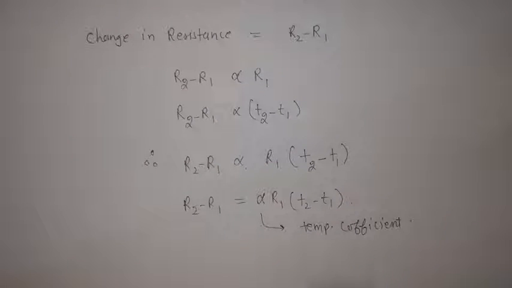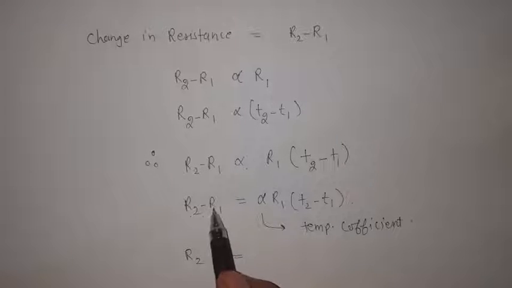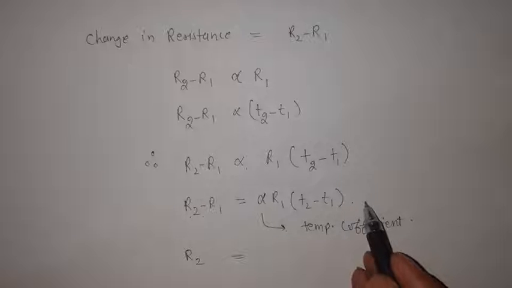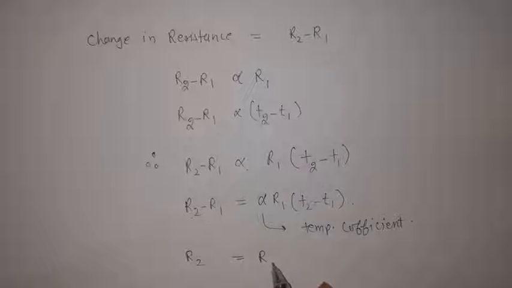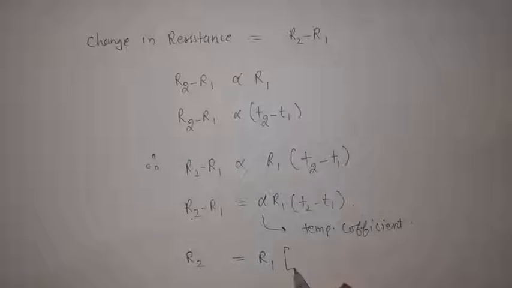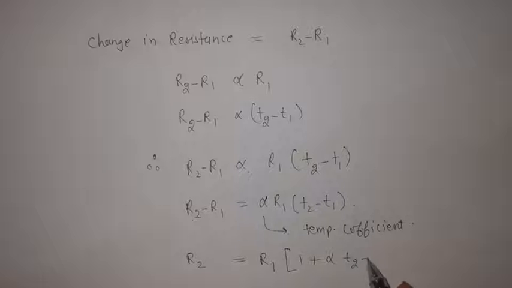Okay, so how much is this resistance R2? This can be calculated if we take R1 to the right side, so it will be plus there, and R1 will be common, and thus we get R1 into 1 plus alpha into T2 minus T1.